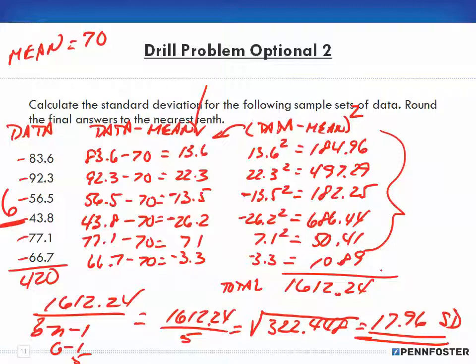It's nothing but math. You're adding, subtracting, multiplying, dividing. All it is is knowing what to do when. It's understanding the process. So just follow the process step by step, and you should end up with a standard deviation.